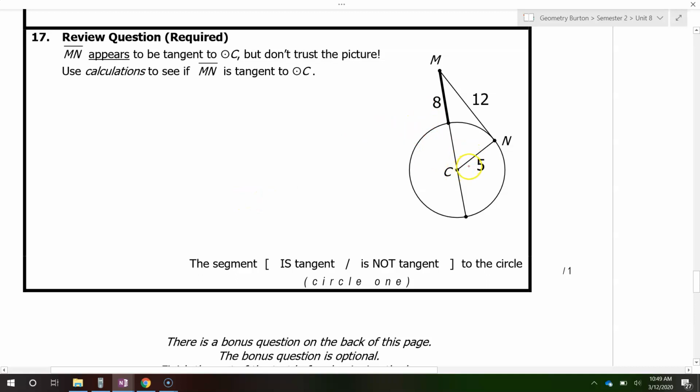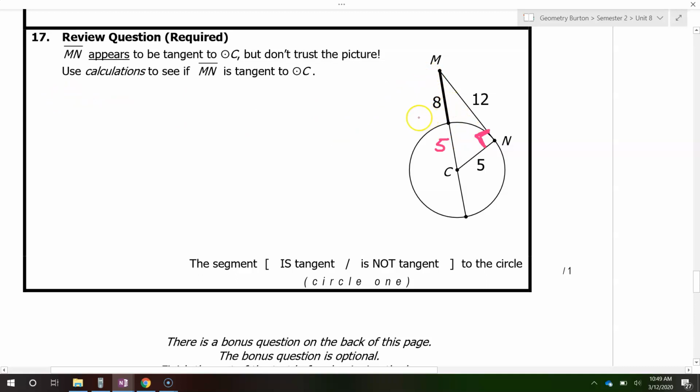First of all, this is a circle. So if this radius is 5, that means that this radius is also 5. So the question is, is MN a tangent? Well, the only way it's going to be a tangent is if it is a right angle. And the way we can figure that out is by using the Pythagorean Theorem.